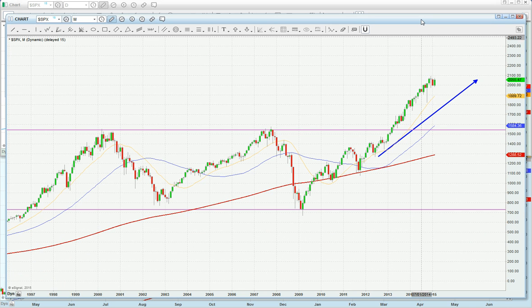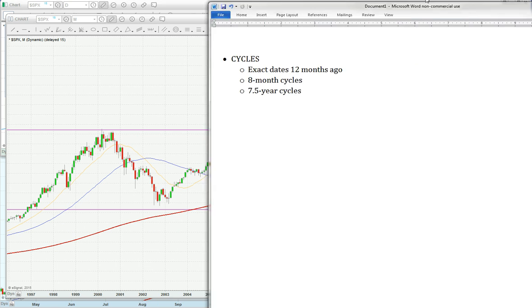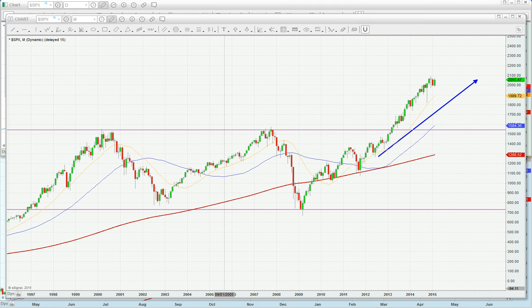So again, these are some potential cycles, and if you want to go back and review, what we were looking at was the exact dates 12 months ago. Then we went back about 8.5 months ago, and then what I've been talking about on the larger scale is about 7 years, maybe a little bit more. But that's what I'm seeing on the charts. So again, very interesting to find out what the market is going to do next.